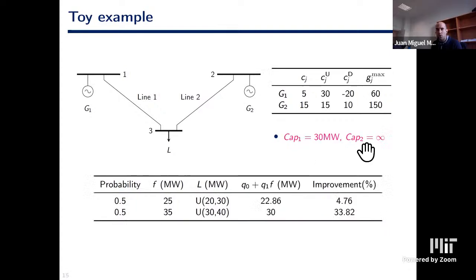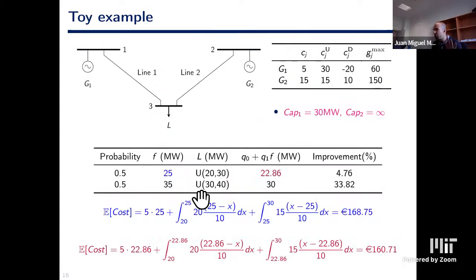Okay, so in this table, I provide the improvement in cost of upcycling the forecast, that is, of this mapping rule, with respect to just using the forecast as L in the forward market. We can do the math by hand because this is a very simple example.